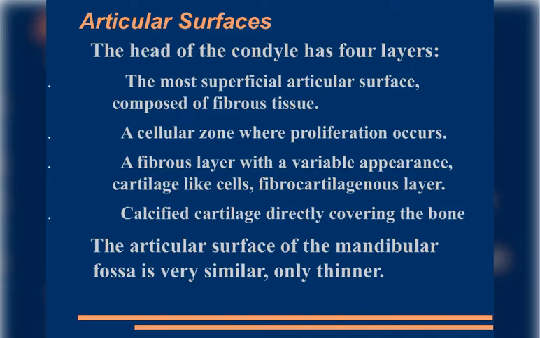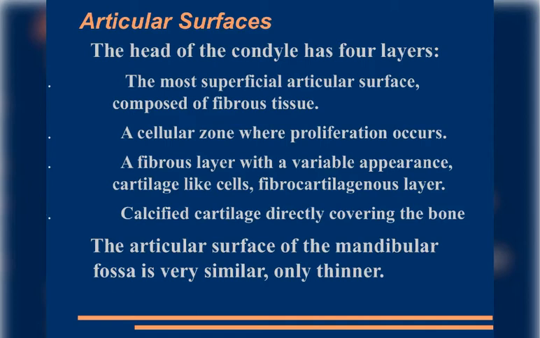Articular surfaces. The head of the condyle has 4 layers. Now we are talking about the histology of the layers of the articular surface of the condyle. The most superficial articular surface is composed of fibrous tissue.